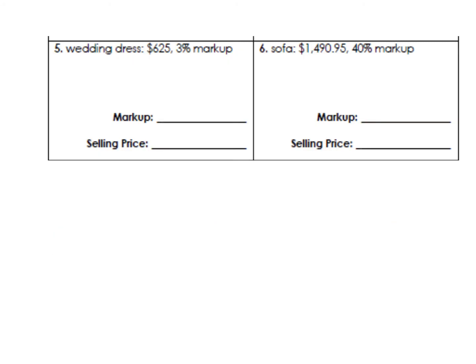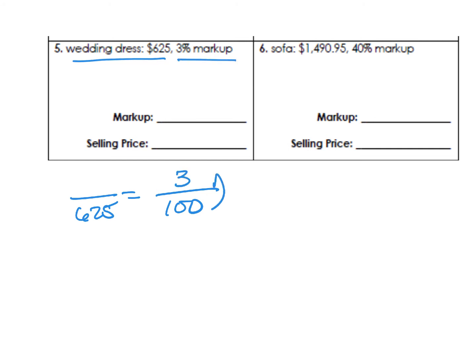Let's try a couple markups. Set up our percent proportion. The wedding dress is $625, so we're going to put that on the bottom. We have a 3% markup. So I'm going to multiply by 0.03, or if I wanted to, I could multiply by 6.25. Either way would work.